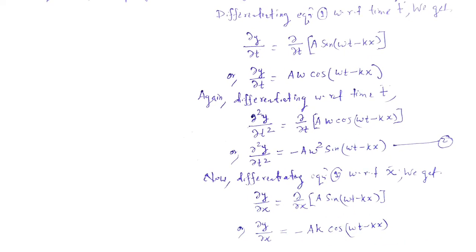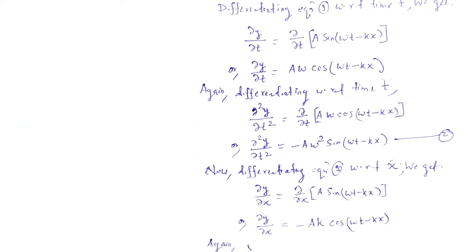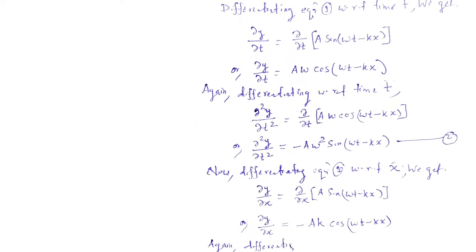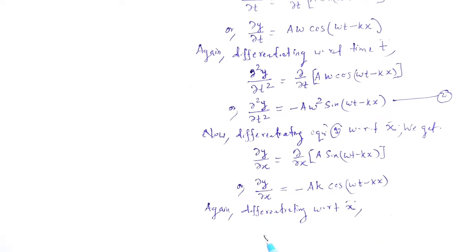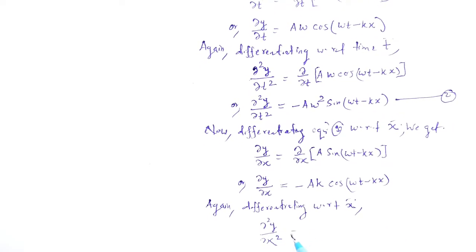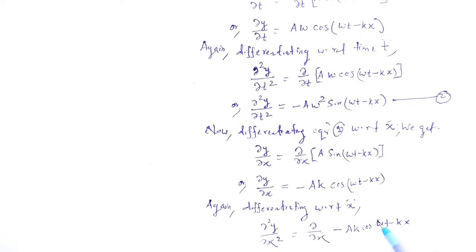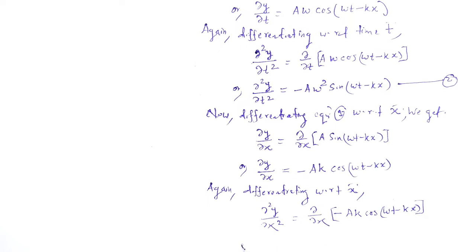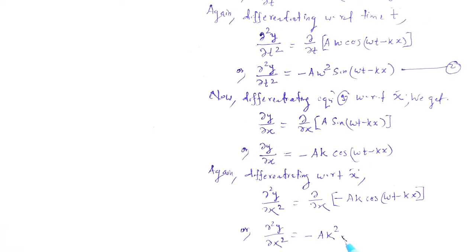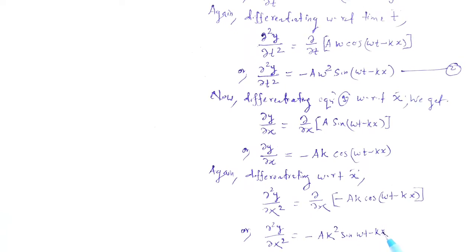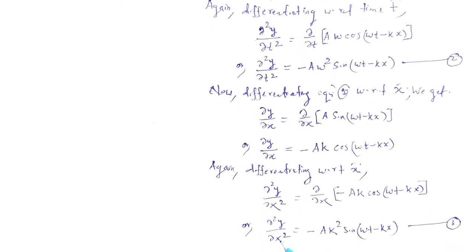Now again differentiating with respect to x, del square y by del x square is del by del x of minus a k cos(omega t minus kx), or del square y by del x square is equal to minus a k square sin(omega t minus kx). That is equation number 3.